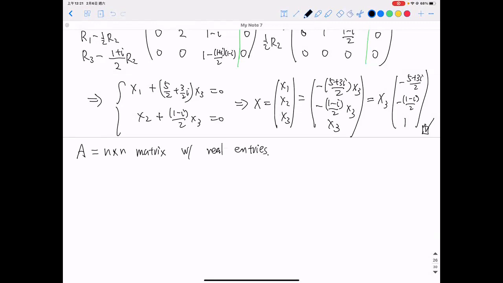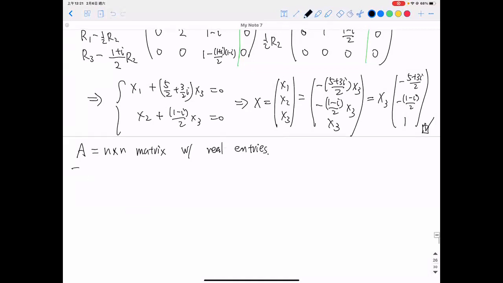Okay. Now, let's make the theorem here. Well, maybe make the whole thing a theorem.